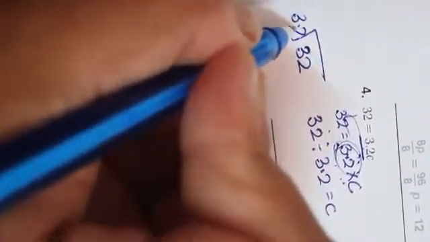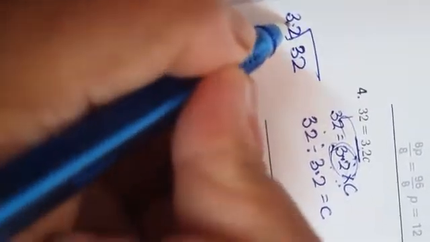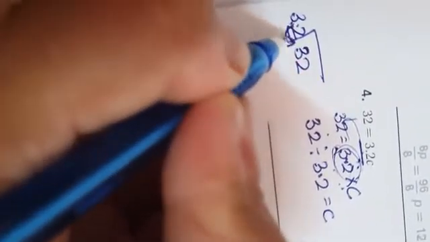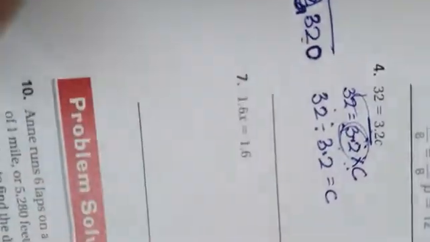Again the same rule here, you will put 32 inside and 3.2 outside. The divisor has a decimal, we need to move the decimal out, so that means one place value. Because here we don't have a decimal, we will add a 0 to this number, so you will have in fact 32 divided by 320.